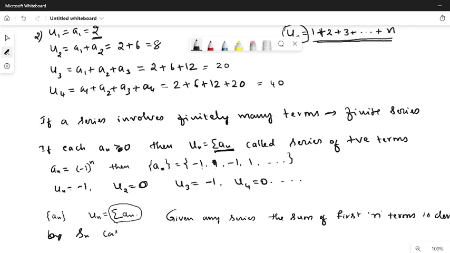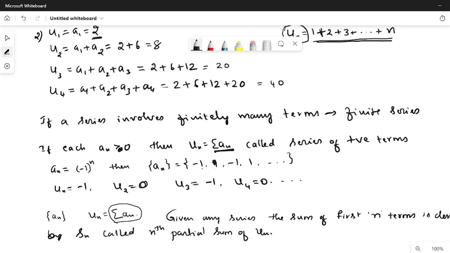Let me take the word sequence later, otherwise you will be confused, because I moved from sequence to series, then again moving back to sequence. So S_n is called the nth partial sum of the given series.